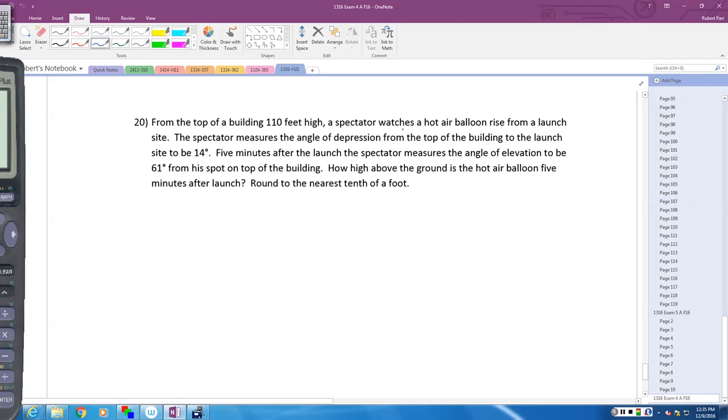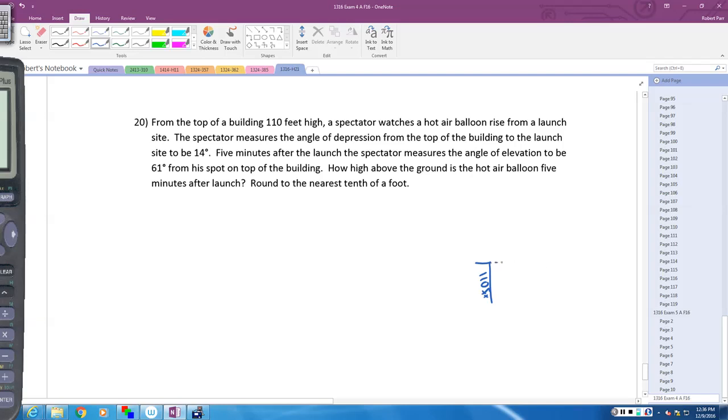All right, top of the building, a spectator watches a hot air balloon rise from the launch site. So we have a building. It's 110 feet high. The spectator measures the angle of depression from the top of the building to the launch site to be 14 degrees.